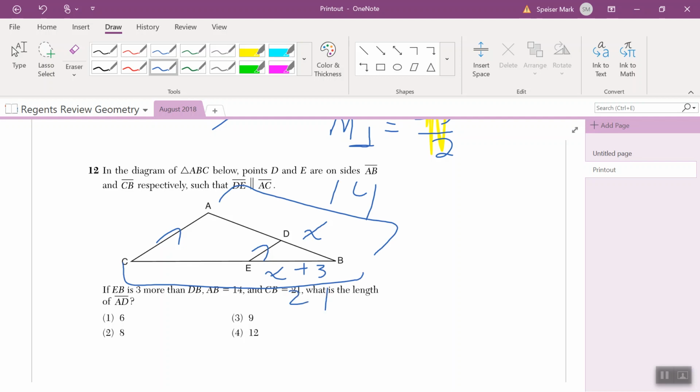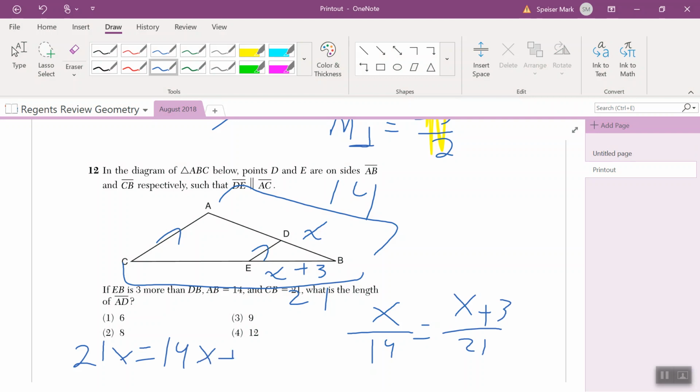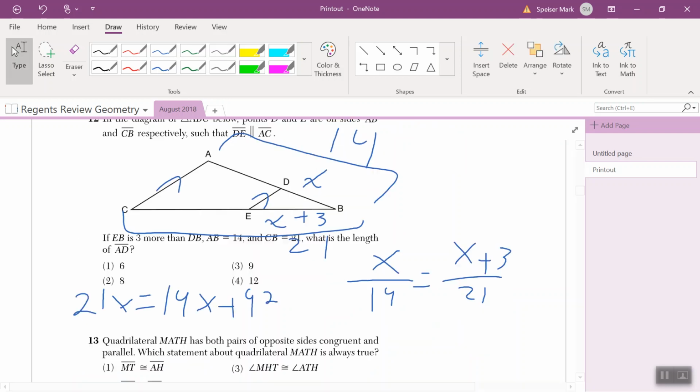Well, let's compare them. Part x over whole 14 equals part x plus 3 over whole 21. Cross multiply. 21x equals 14x plus 14 times 3. You've got to distribute that 14, which is 42. Solve for x. So you subtract 14x on both sides.